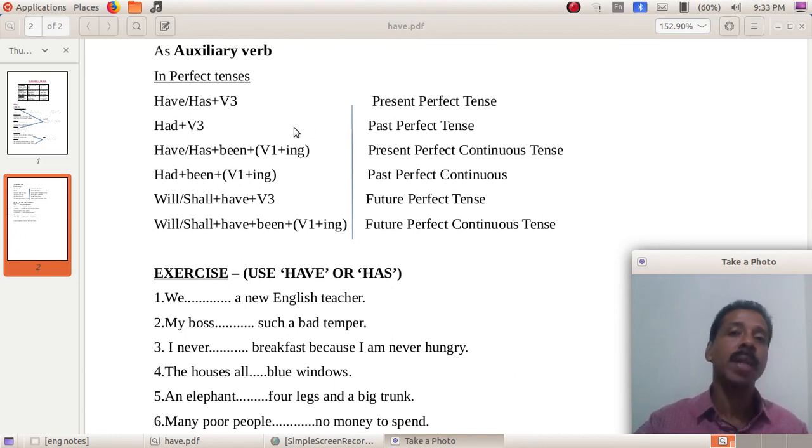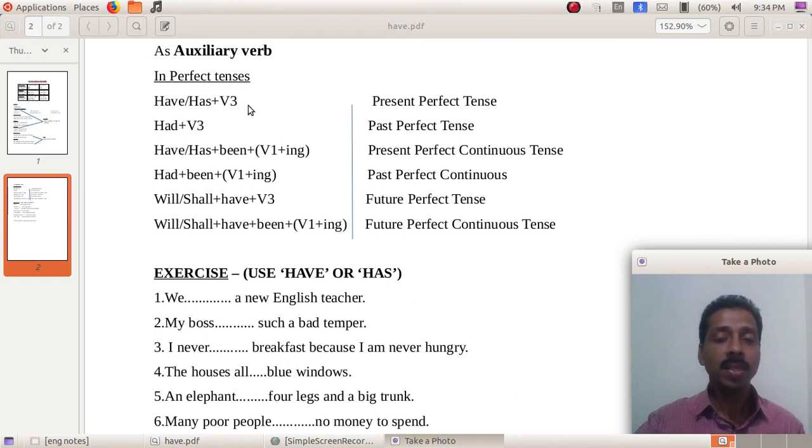Now just keep in mind that as an auxiliary verb, the forms of have are used in perfect tenses. Okay, in the first part we saw that there is a difference between have and has according to the subject. With the third person singular we have to use has, but in the case of had, in the past form, had can be used with all the pronouns.